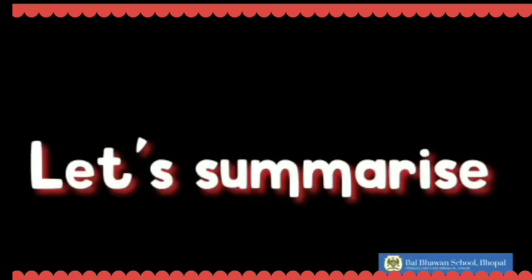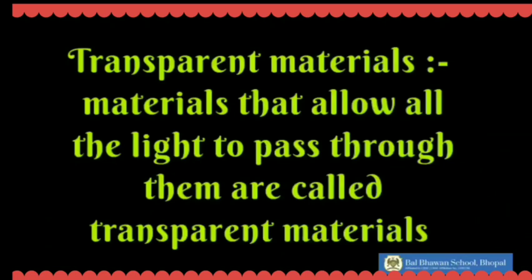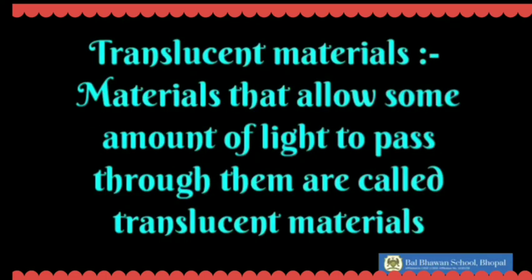Now let's summarize what we have studied in today's video. We have studied about luminous objects and non-luminous objects, and we have studied three different types of materials. Transparent materials: materials that allow all the light to pass through them are called transparent materials. Example, clean water, clear glass, etc. Next was translucent materials.